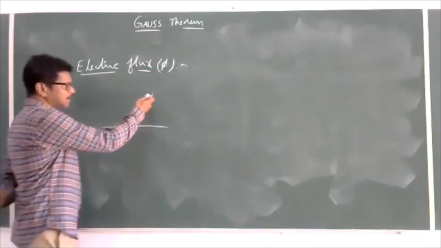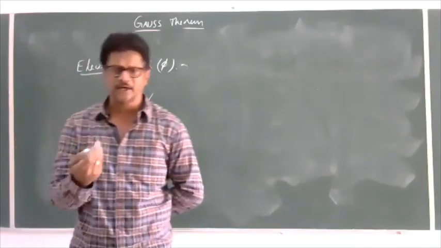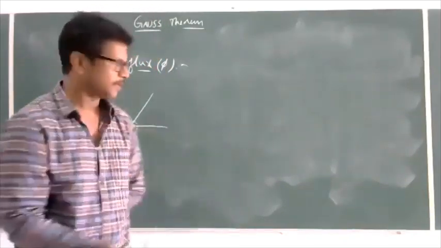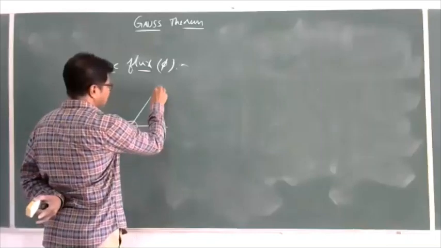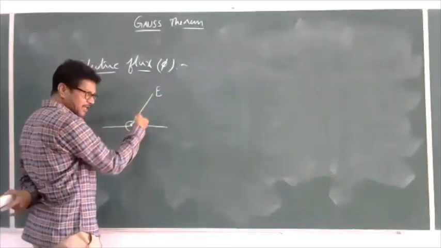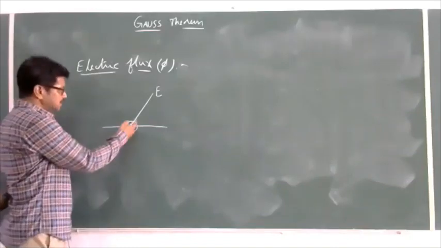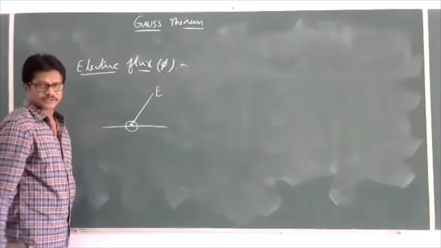Wherever electric lines of force are there, there will be an electric field. So here the electric intensity is acting like this, but it is not normal to the surface.